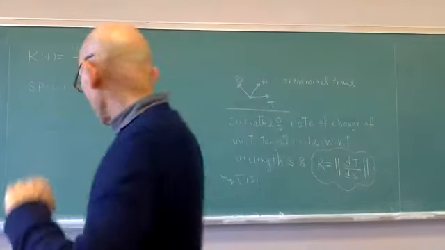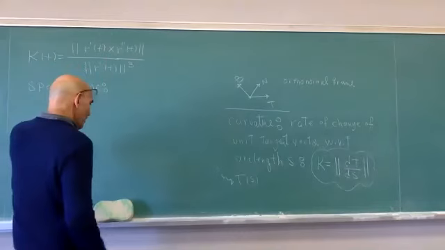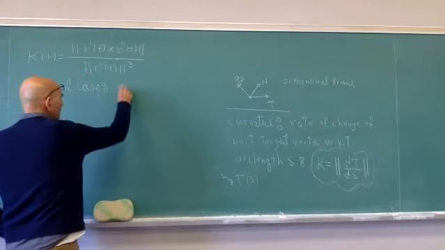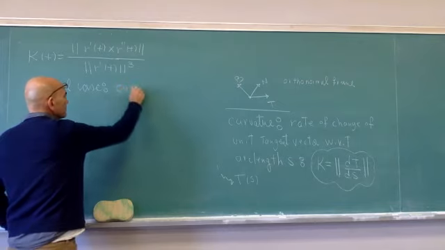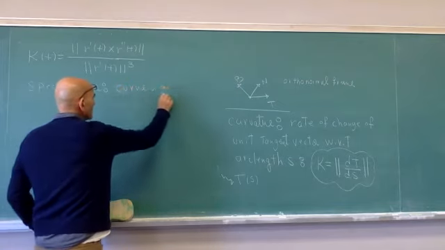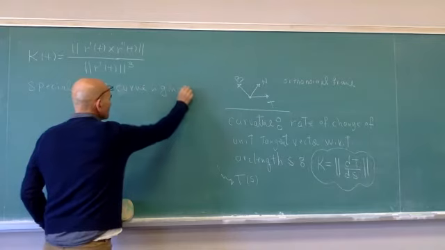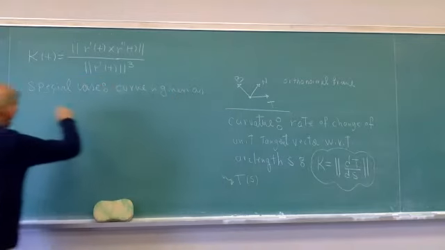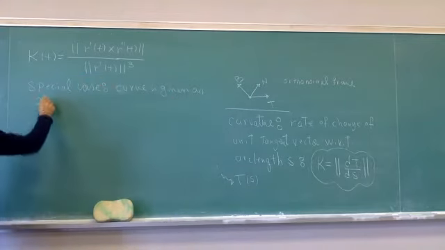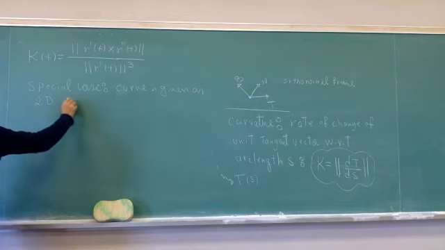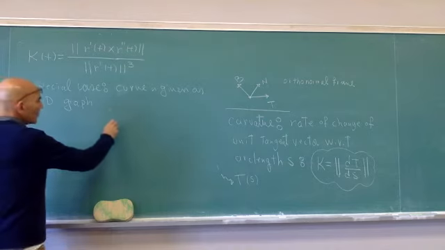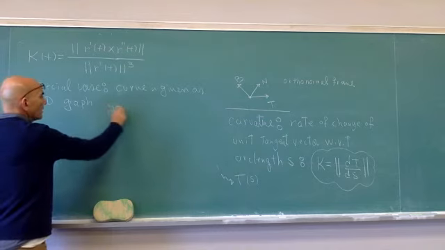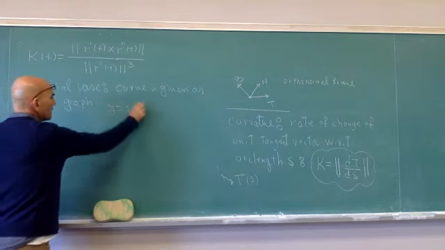So there's a special case where the curve is given as a graph, as a 2D graph, actually. In that case, it was like y equal to y of x.